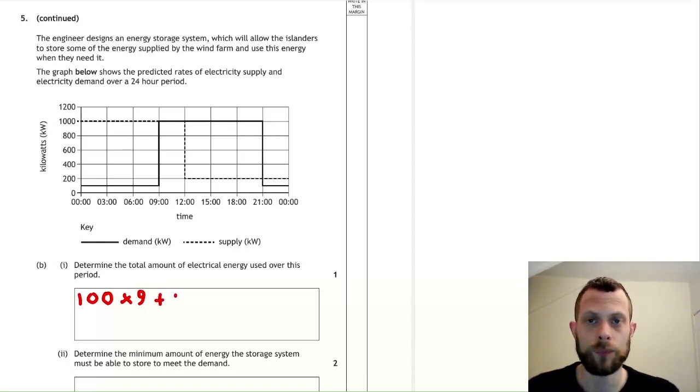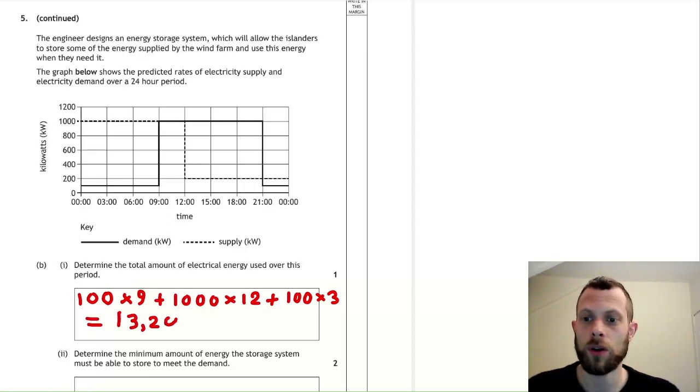So we add on 1000 times 12. Finally, we have the 3 hours from 2100 hours to midnight. So we multiply 100 times 3. It's back to 100 kilowatts. And in total, we've got 13,200 kilowatt hours.